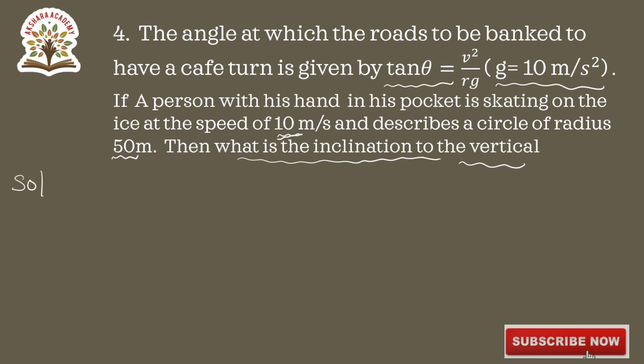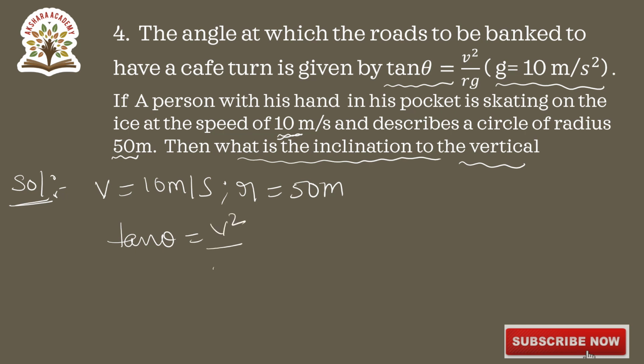Let us go to the solution. Here the given speed V is equal to 10 meters per second and the radius they given is 50 meters, and you have to find out the angle of inclination, that is inclination to the vertical. From this formula, tan theta is equal to V square by Rg, this can be written as theta is equal to tan inverse of V square by Rg.